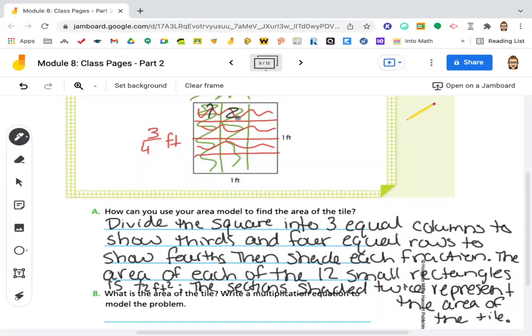So we have 1, 2, 3, 4, 5, 6. So that would be 6 out of 12 feet squared. And our equation would be 3/4 times 2/3 equals 6/12.